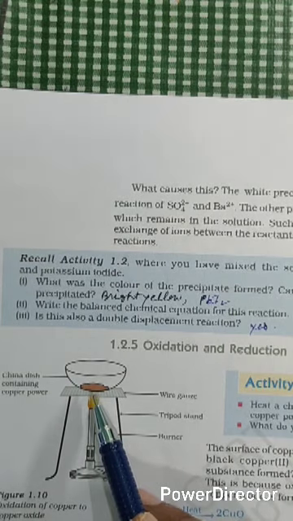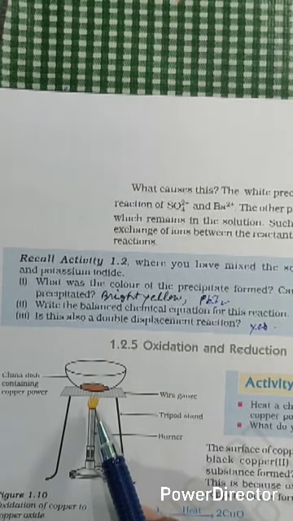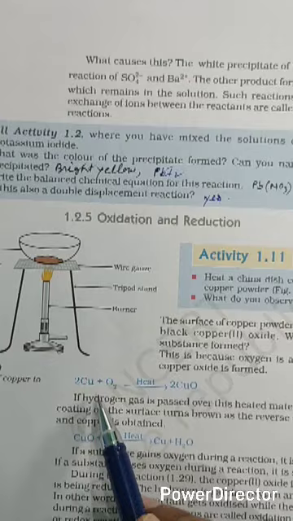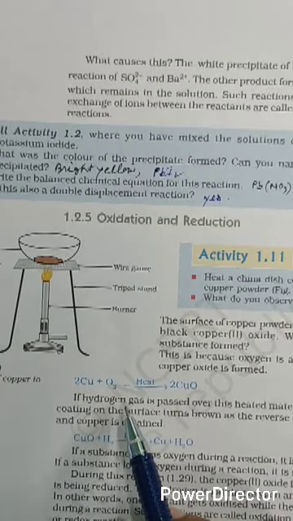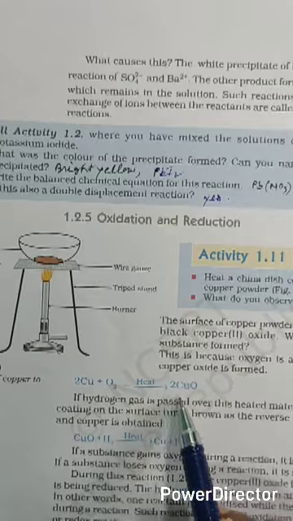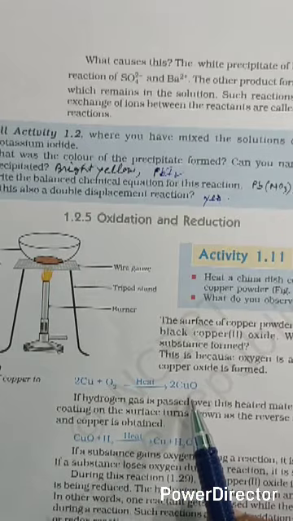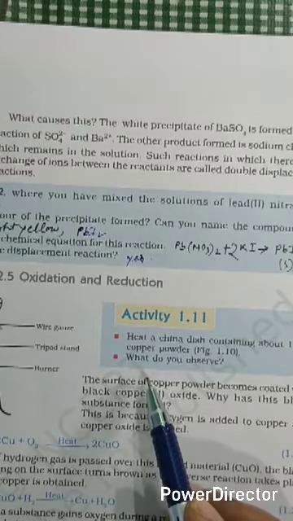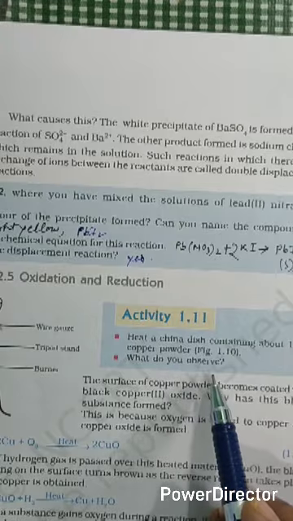Whenever we heat copper powder, an oxidation reaction happens. Copper reacts with oxygen, copper oxide forms. So this is an oxidation reaction. Copper is transformed to copper oxide. The question asks, what do you observe?